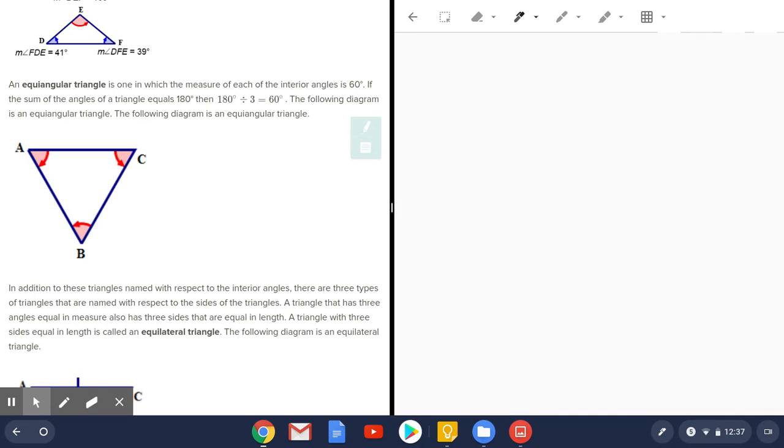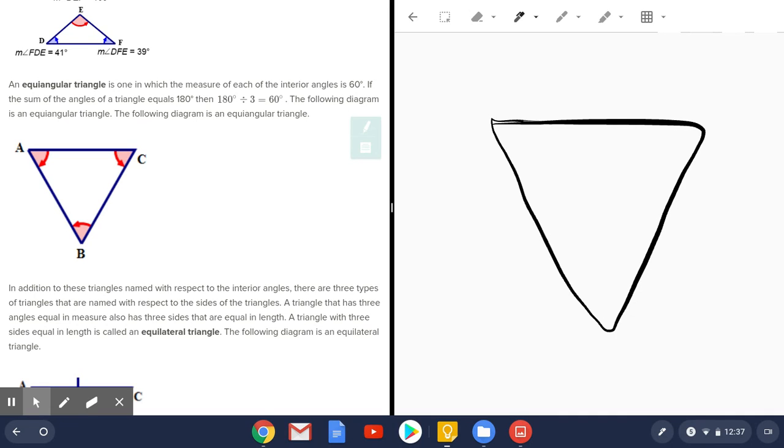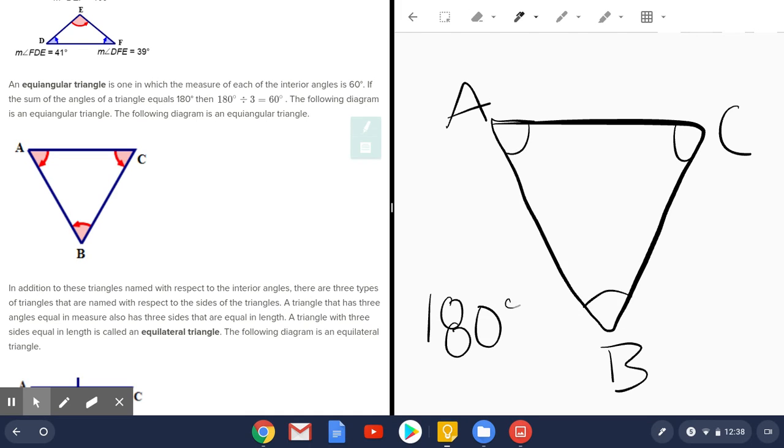Triangle number 4, this one is pretty easy to remember. Triangle A, B, and C. Now each of their angles are the same. Each of them would be acute because they are less than 90 degrees, correct? And if they're the same, that means that they all have to be even. The angles of a triangle add up to 180 degrees.